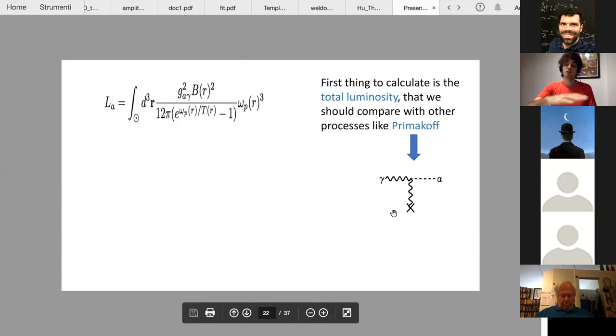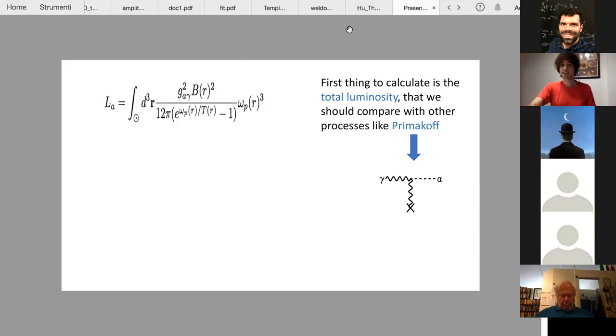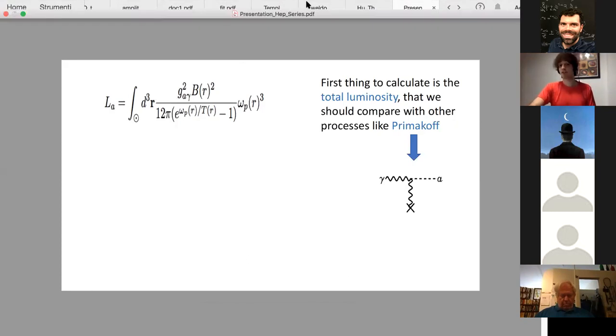If you look at all the papers, when you look at the sun, also CAST or IAXO prospects, they always have in mind Primakoff, or Bremsstrahlung maybe at lower energy, but mainly Primakoff because it's really efficient in this classical environment that is the sun.